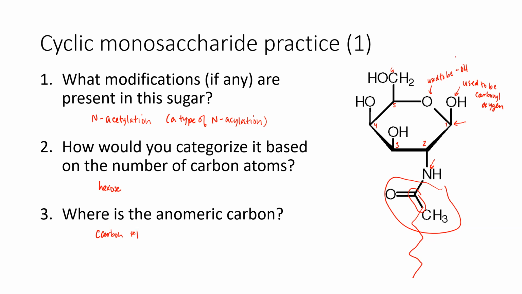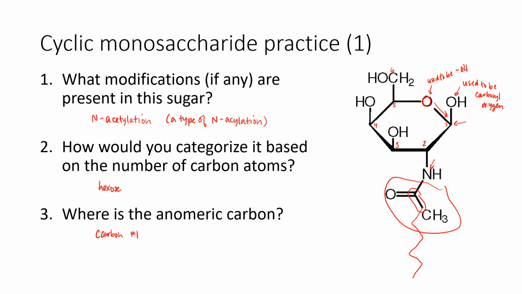Just for review, the convention when we're drawing these ring structures is that we always have this oxygen here that used to be a hydroxyl group. The anomeric carbon is always drawn to the right of it, so one carbon over. That's usually how it's drawn by convention, especially if you have a monosaccharide.